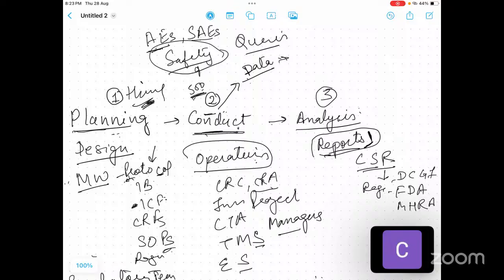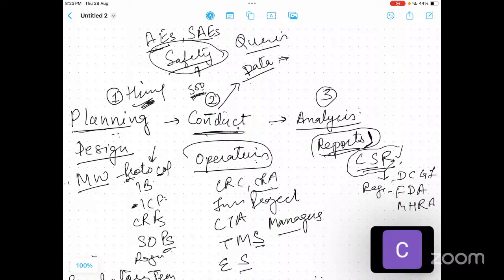Depending on which region it is, and if everywhere, then we will be submitting to all the regulatory bodies. So this clinical study report is a big document, and a lot of effort is needed to prepare it.